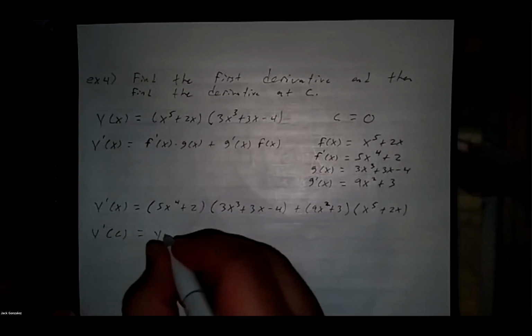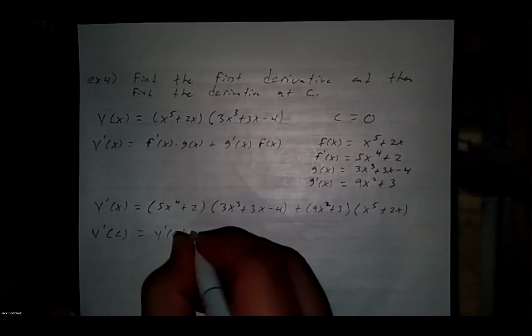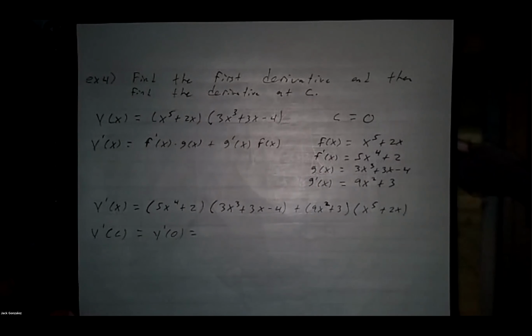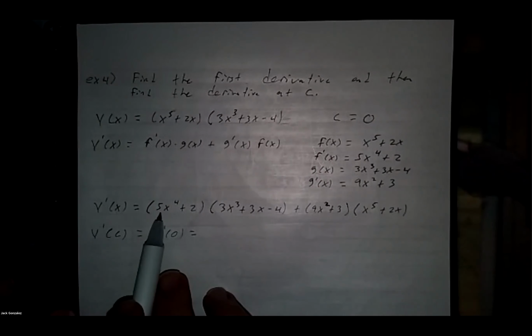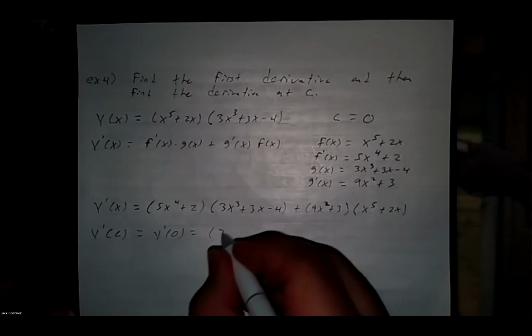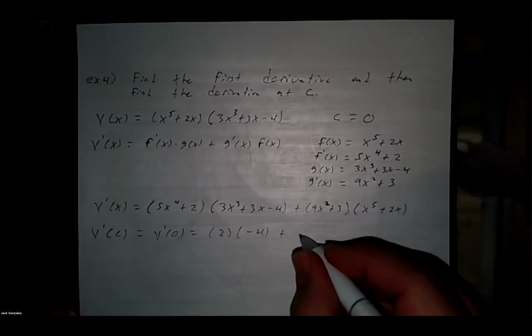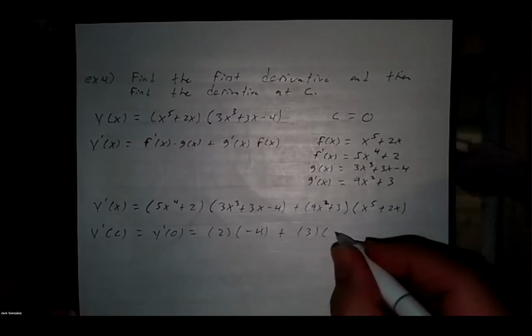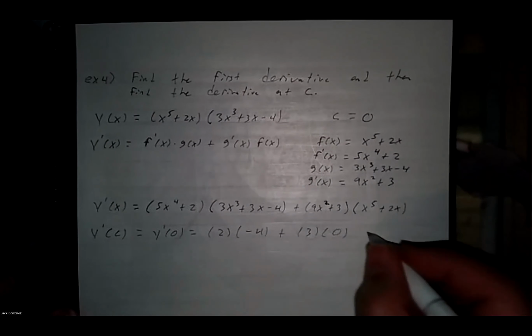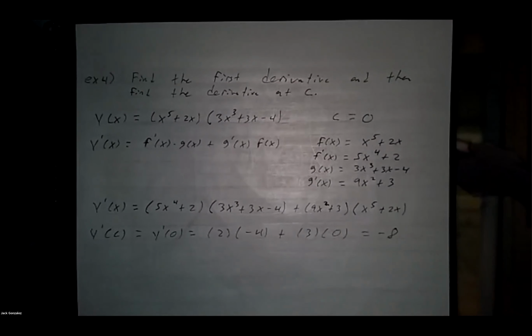Well, that means at 0 for this case. So plug in the 0 here, so this is gone, you'll be left with 2 times -4 plus 3 times 0, which is -8.